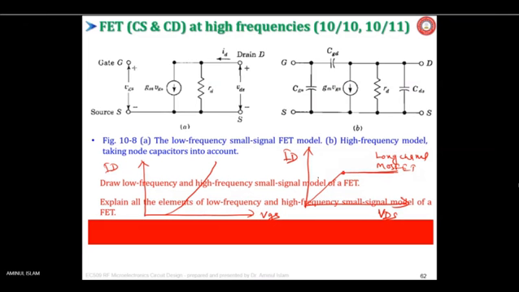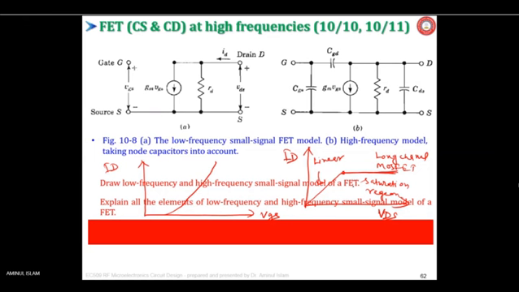This region is called the linear region of the MOSFET, and where the current saturates, we call it the saturation region. In the saturation region, current ID doesn't depend on VDS. This is the case of a long-channel MOSFET.